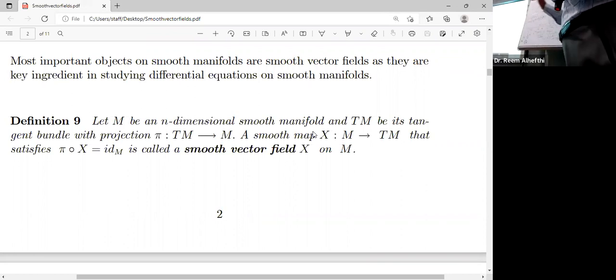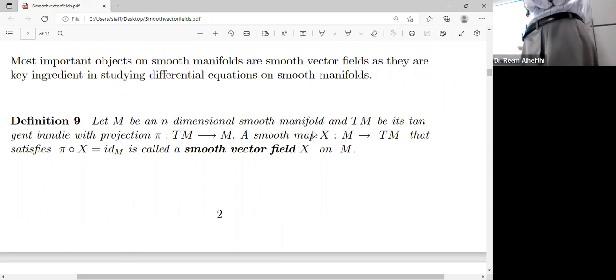No problem. So what happens? You have a smooth vector field satisfying this definition. For each smooth function, you have a smooth function. And therefore, X is now a map from C infinity M to C infinity M. Please understand, not a ring.